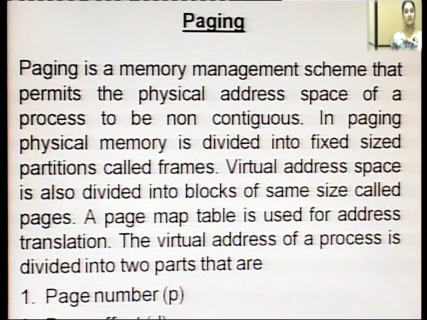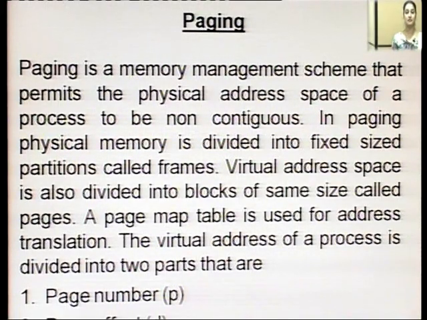Now the different schemes to convert logical addresses to physical addresses. The first one is paging. Paging is a memory management scheme that permits the physical address space of a process to be non-contiguous.